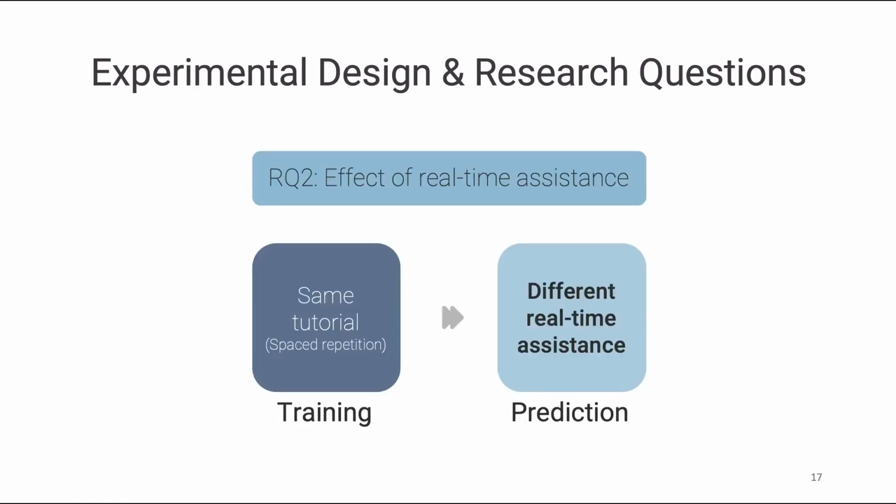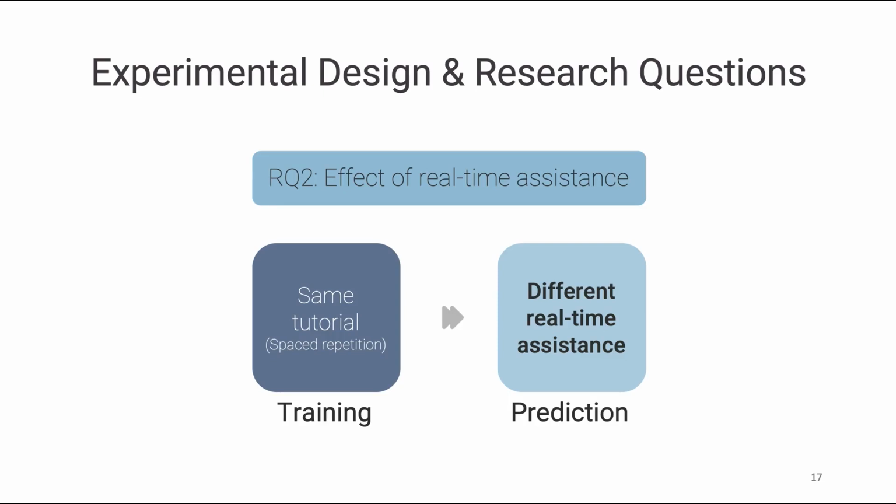Like what we saw before, we can also show highlights on words in the prediction phase as some form of real-time assistance. This may improve the effectiveness of the training phase by reminding people of those patterns. The second research question then investigates the effect of real-time assistance in the prediction phase. All participants see the same type of tutorial in this experiment, and we use the spaced repetition algorithm to automatically select the examples.